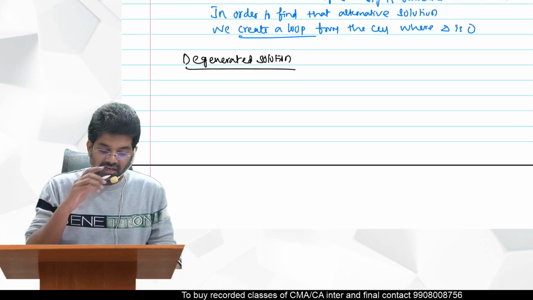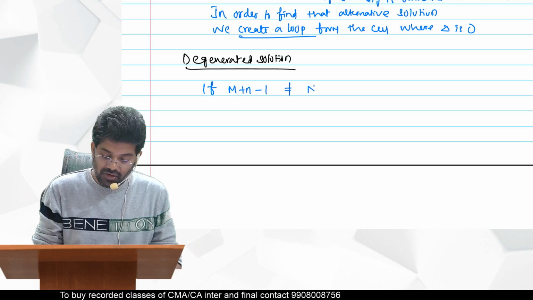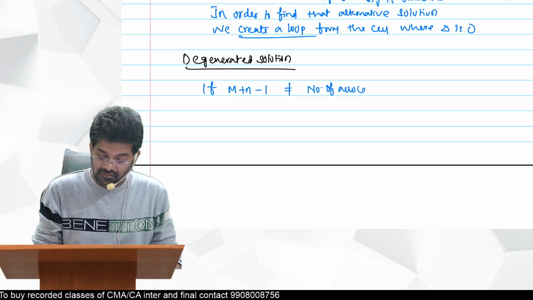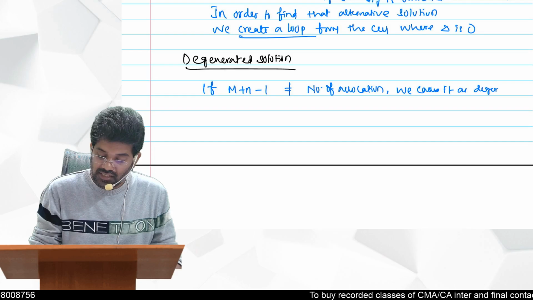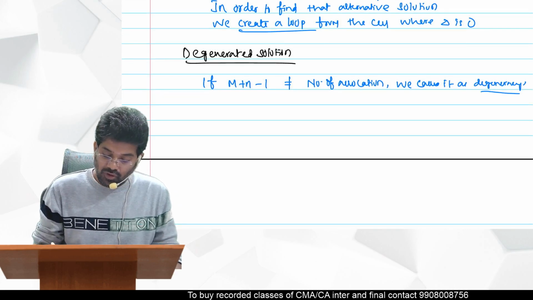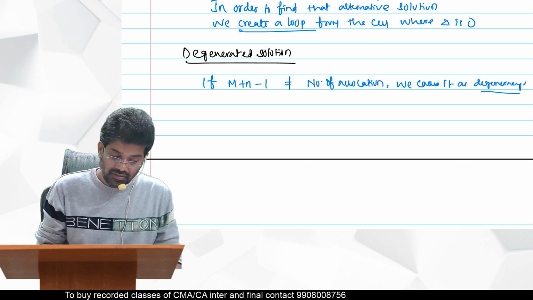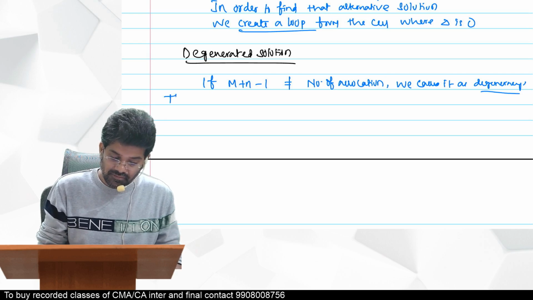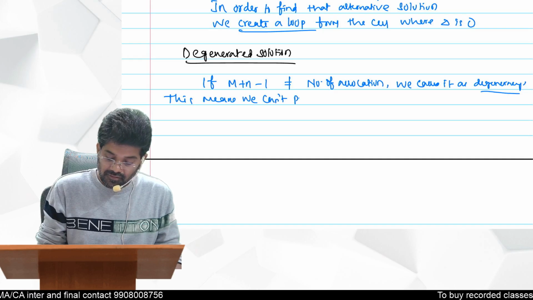Whenever there is a degeneracy solution, that is, if m plus n minus 1 is not equal to the number of allocations, we call it a degenerated solution. We call it degeneracy. This means we cannot prepare the U plus V matrix.